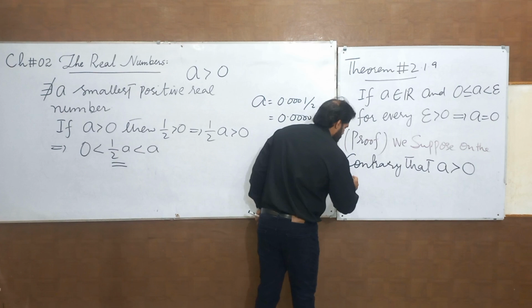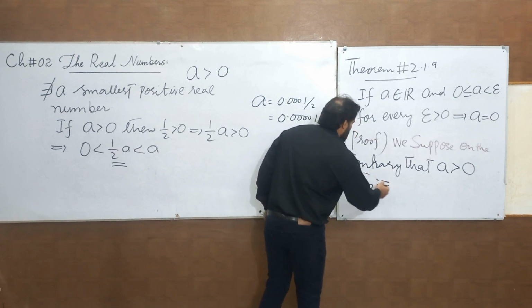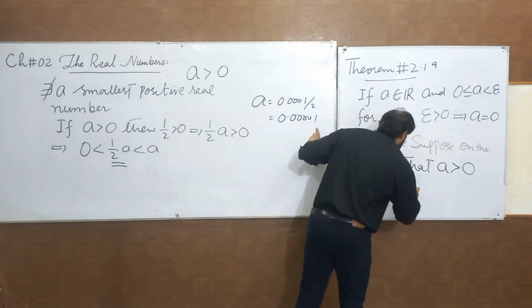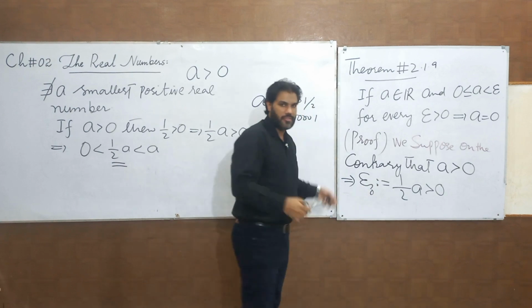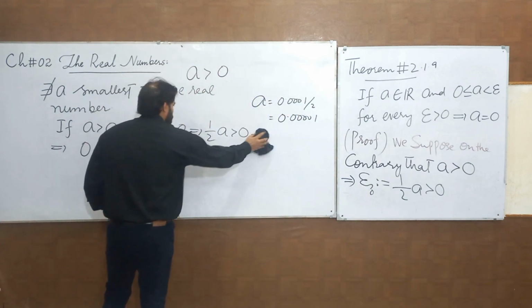This implies I can find an epsilon naught equal to half a, which will be greater than 0.